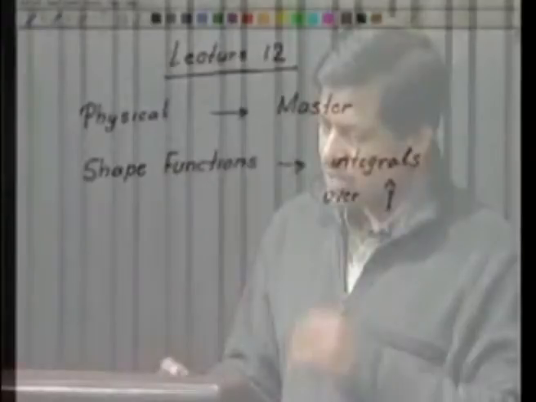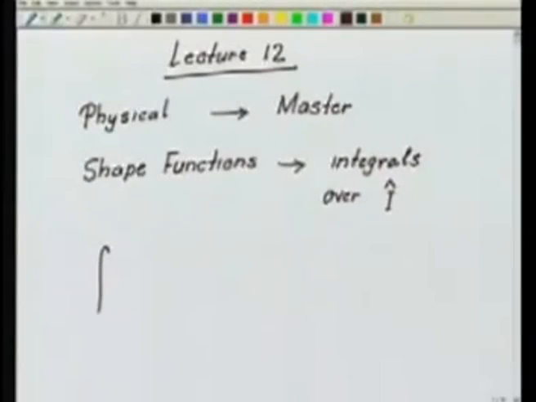Okay, the question was now how to convert these integrals into a computer implementable form, because for us to do the integration of polynomials and other functions by hand is easy, but how will the computer do it? So what does a computer generally do? It integrates some quantity by replacing it with a sum.